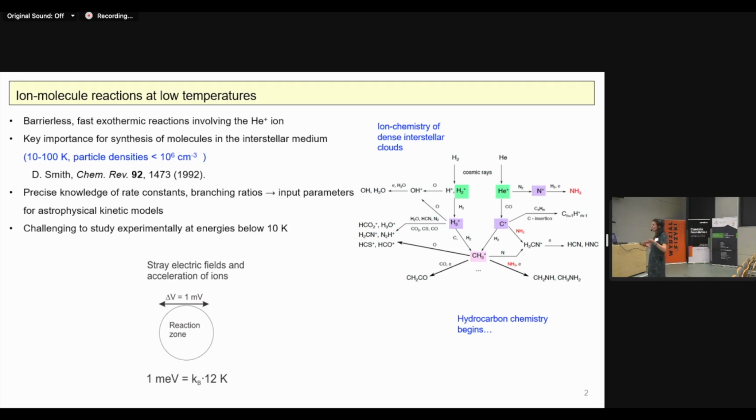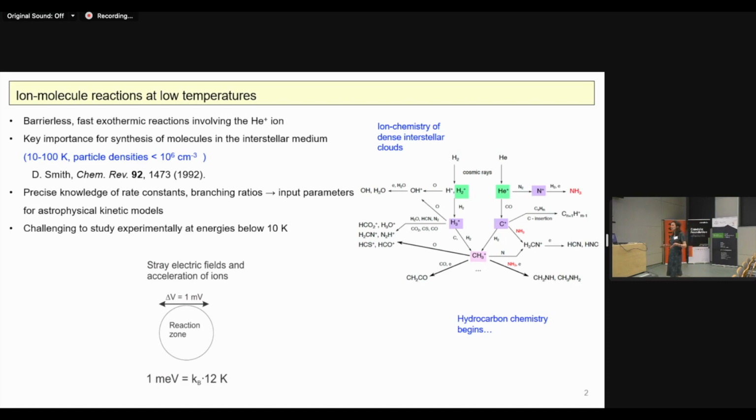So these reactions are important in the otherwise very cold and tenuous interstellar medium. In other words, it's important to have precise knowledge of the rate constants, branching ratios, and energetics of these reactions, because then they can be used as input parameters for various astrophysical kinetic models.